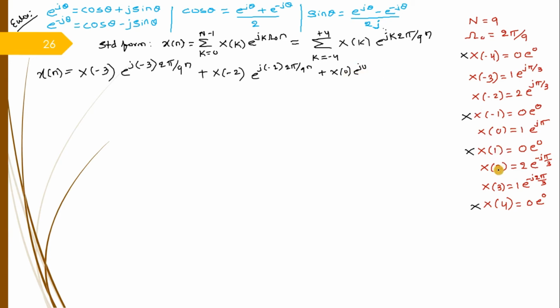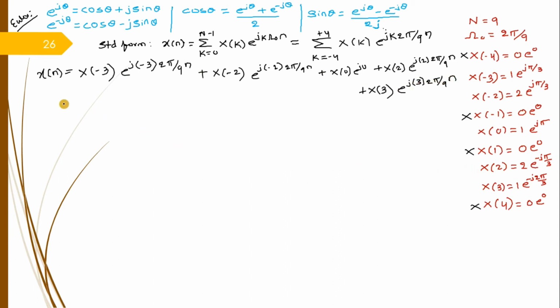Then x of 2 e raised to j, in place of k, 2, 2 pi by 9 n. Last term is left. I write it here itself: x of 3, this term, e raised to j, in place of k is 3, 2 pi by 9 n. So all the finite terms I have taken here.